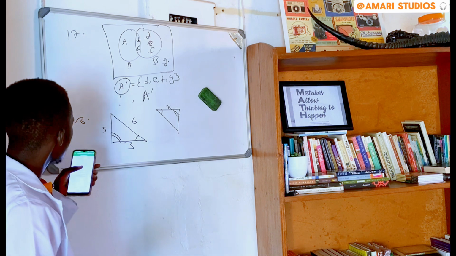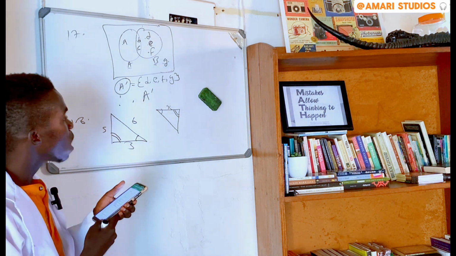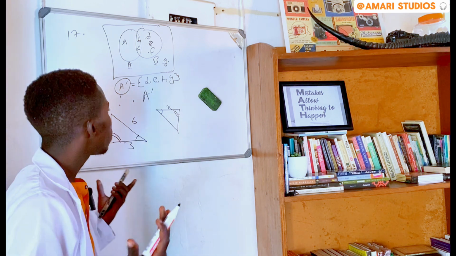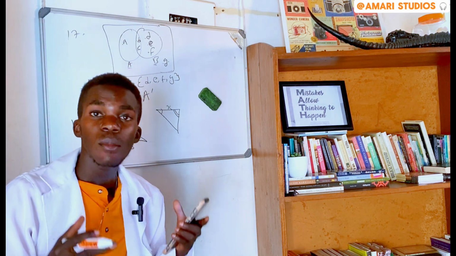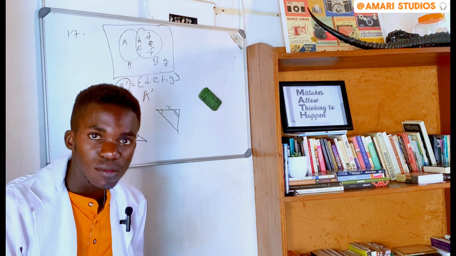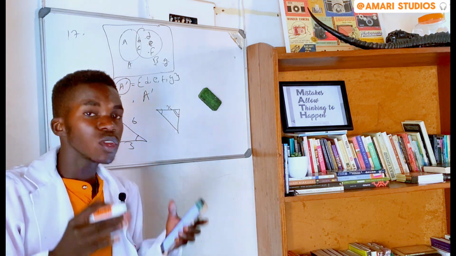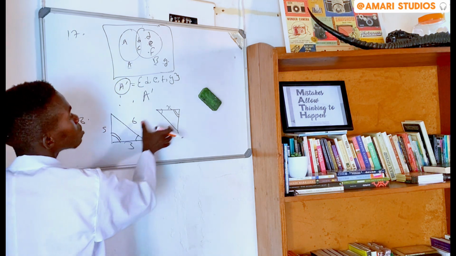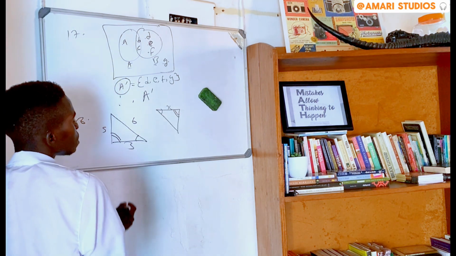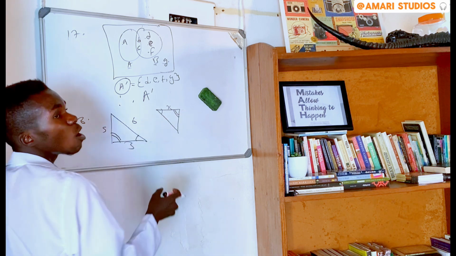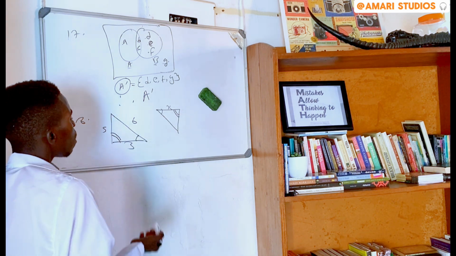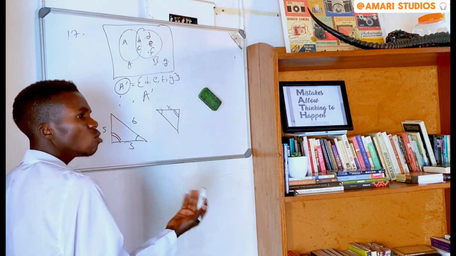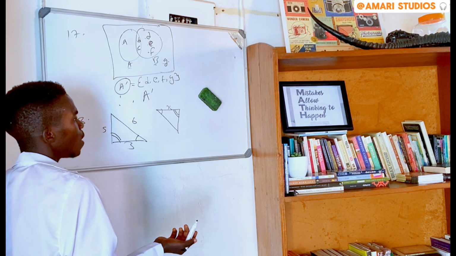The question says the following triangles are congruent. When we talk about congruent triangles, we're talking about triangles that have the same sides and the same interior angles. So if this triangle is congruent to that one, they are going to have the same sides. Can you find the value of X? You're not going to solve here, you're just going to state the value of X.